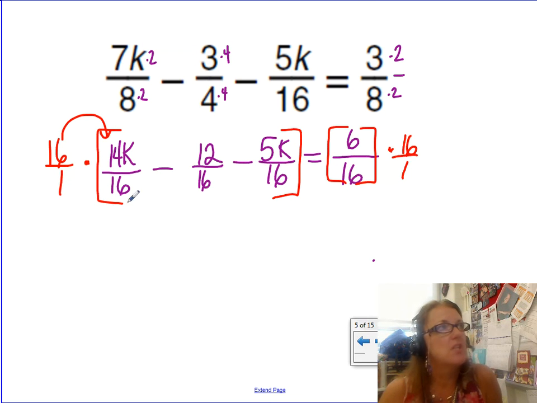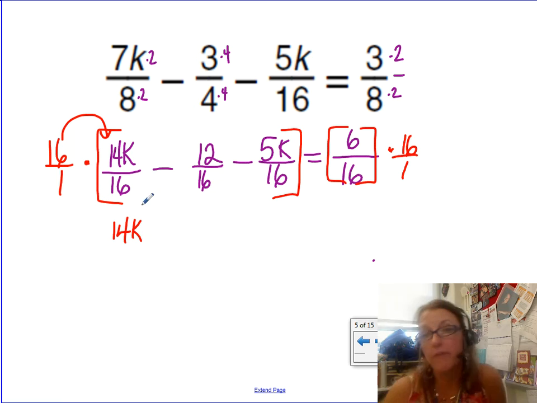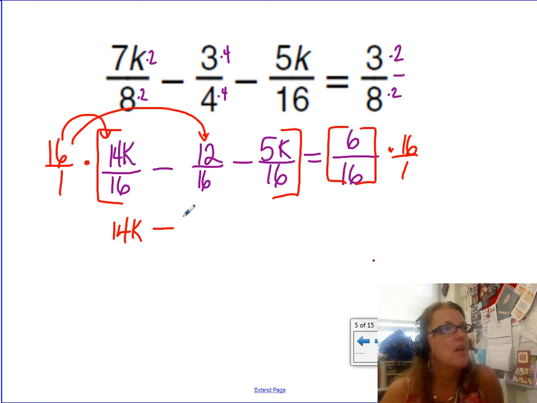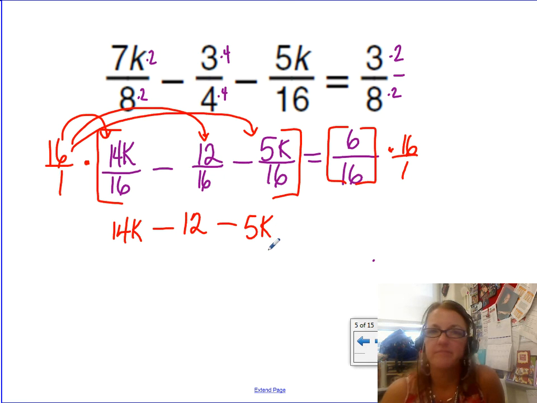When I distribute it times this guy, it wipes out the denominator, just get 14k. When I distribute it to this minus 12/16, it wipes out the denominator, just minus 12. Do it on the last term. I get minus 5k. Wiped out the denominator. You're basically just left with an equivalent equation that just has all of the numerators now.